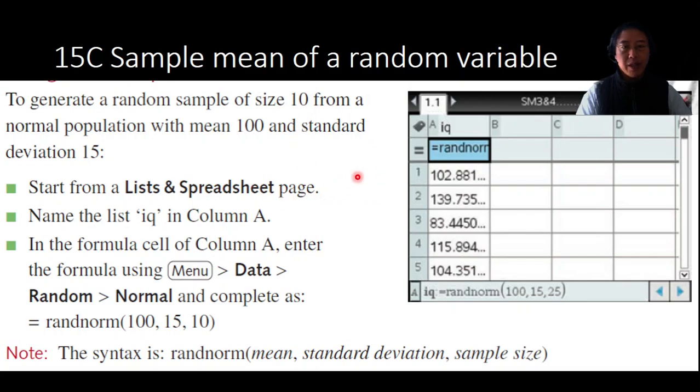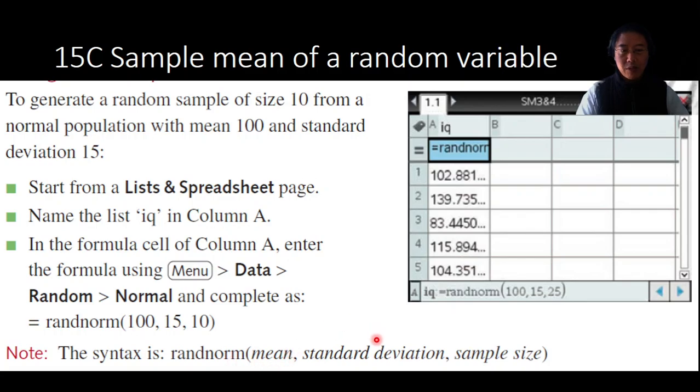So here with a CAS, you should be able to generate random samples. So you're going to need a spreadsheet. In the first column, you can enter formulas, and when you generate formulas, they will fill in the rest of the column. You give it a name, and the function we're going to call is random norm.